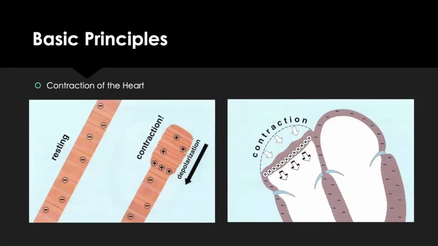Starting off with the contraction of the heart, myocytes are polarized or negative at rest and become depolarized or positive as the muscle contracts. This contraction begins at the atria, as you can see here in this second picture, and it sends this wave down through the rest of the heart.